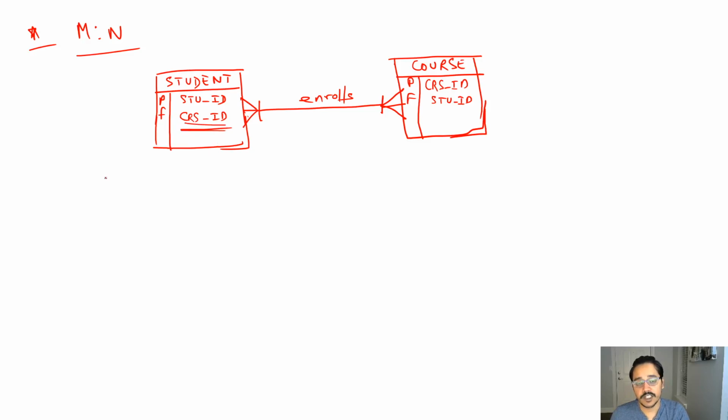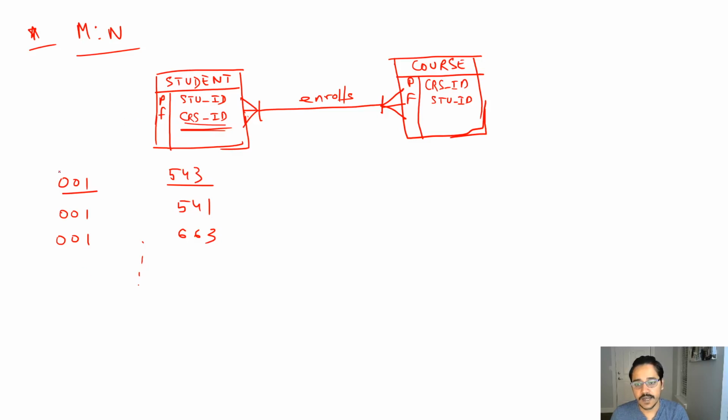So implementation wise, in terms of data entry, you will have student 001 registering for course ID, let's say 543. But if this student has registered for another course, let's say 541, then you will have to do 001 and 541, and 001 663, and so on and so forth.